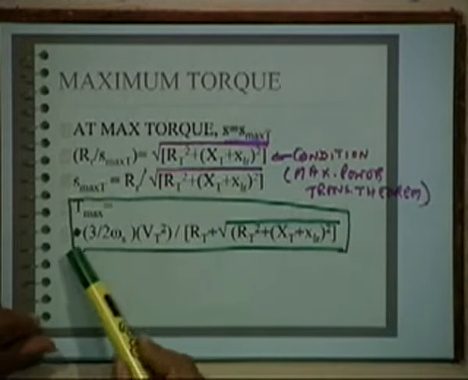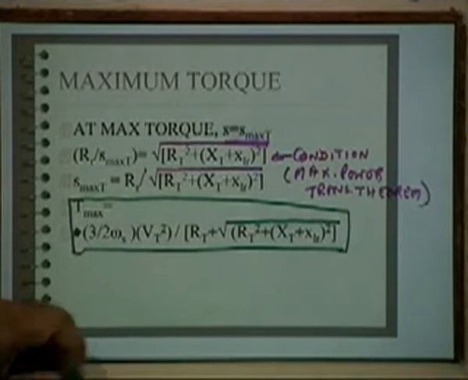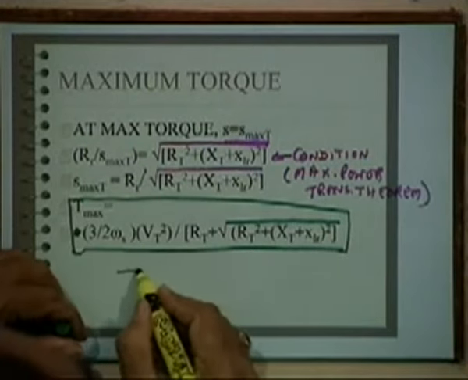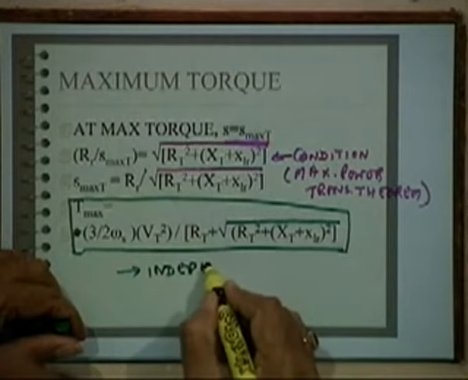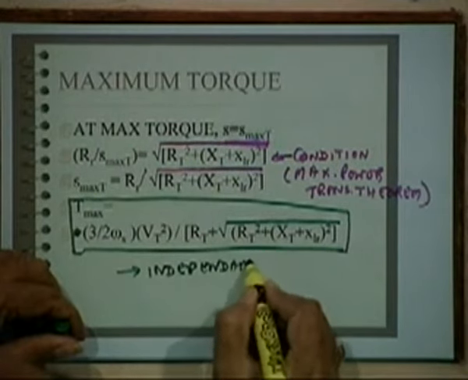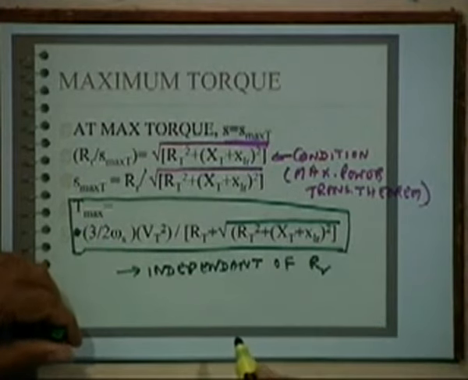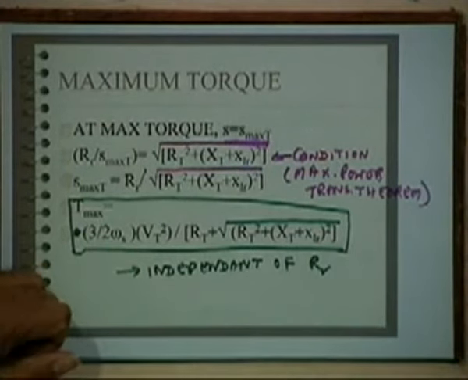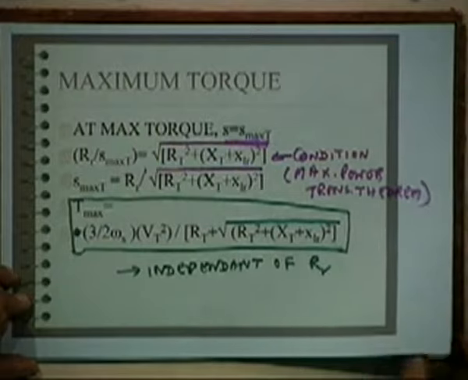Now what do you observe in this expression? You have got an expression for T max. What do you observe? Independent of RR. So this is the most important thing, this is independent of RR. So we get an important conclusion that in the three-phase induction motor, maximum torque doesn't depend upon the rotor resistance.